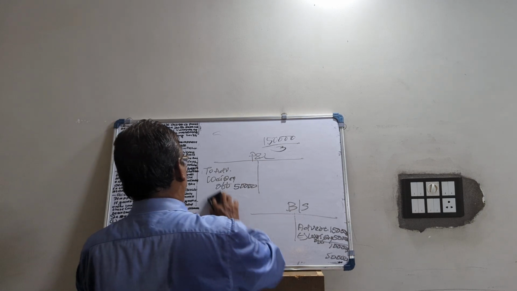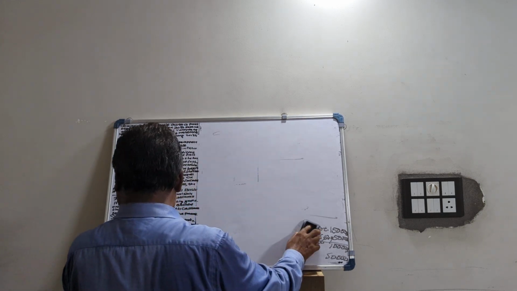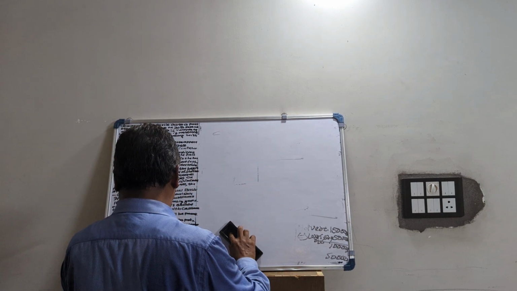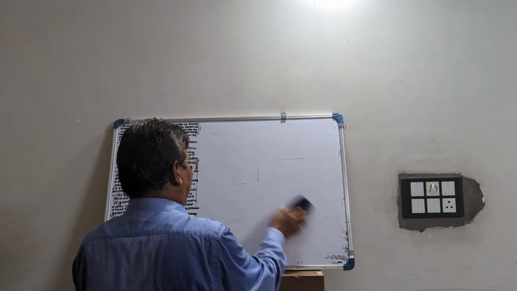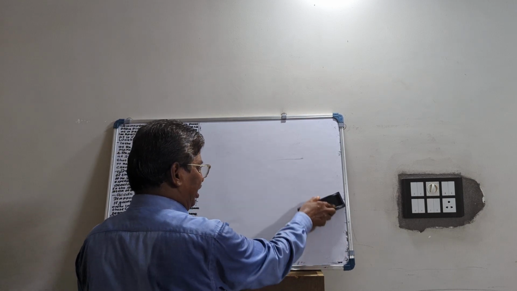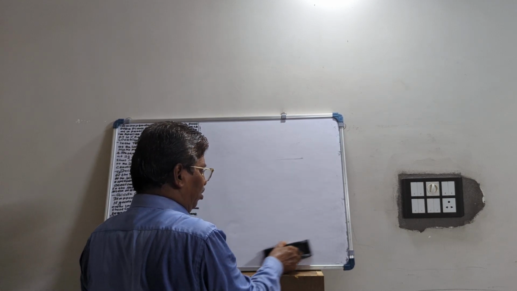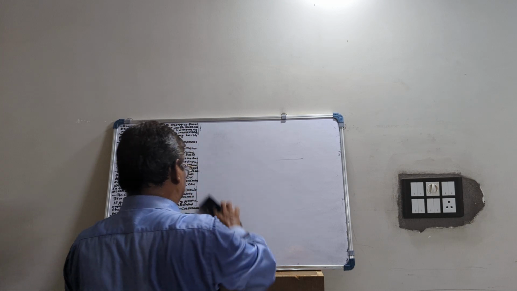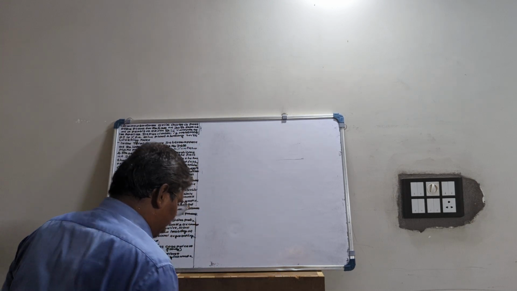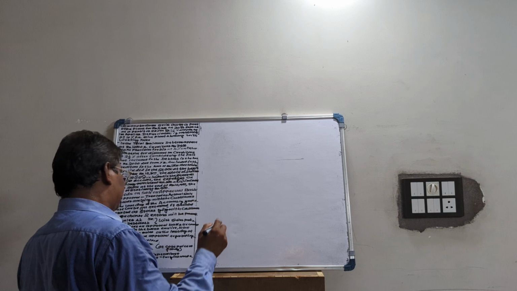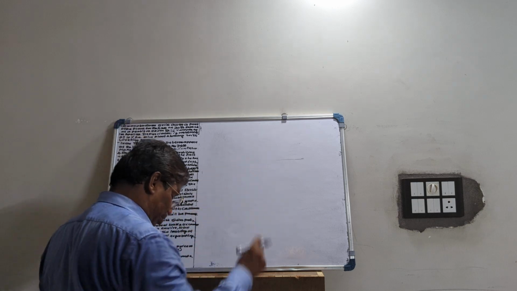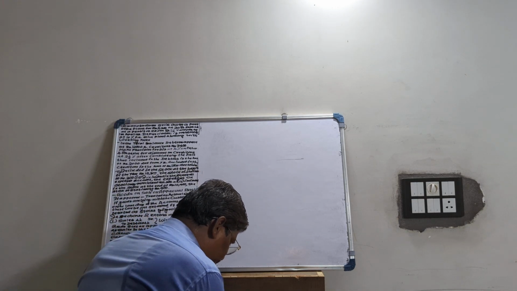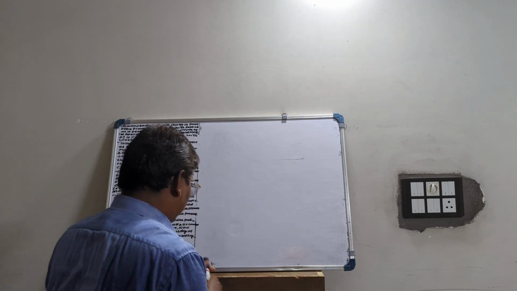Then last but not the least, loss of stock by fire. There is a possibility, because in business the stock is fully insured. If it is fully insured, then the entire proceeds will be received from the insurance company.